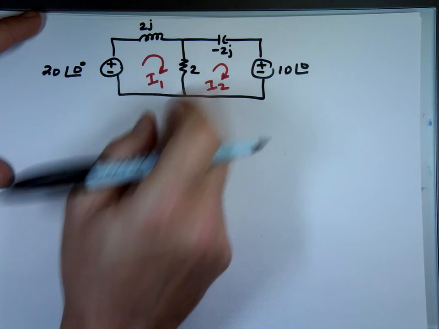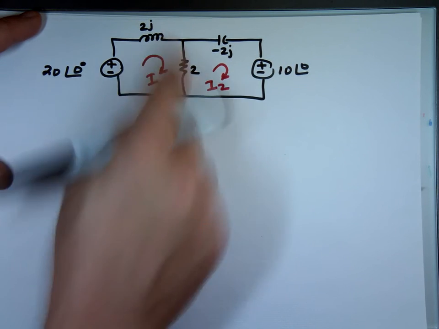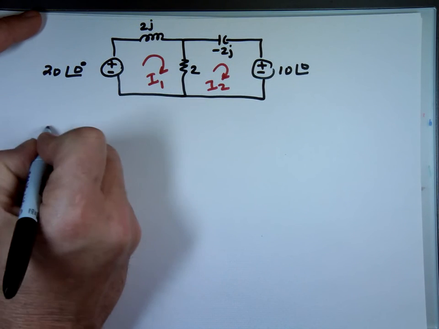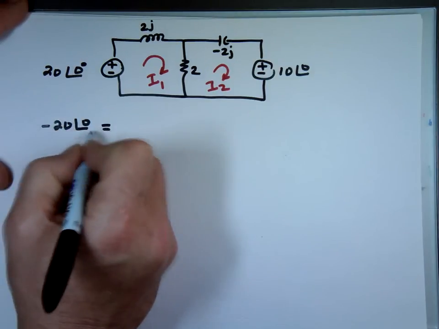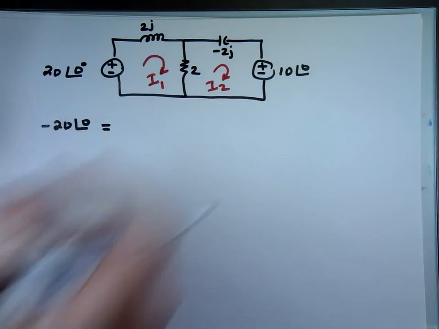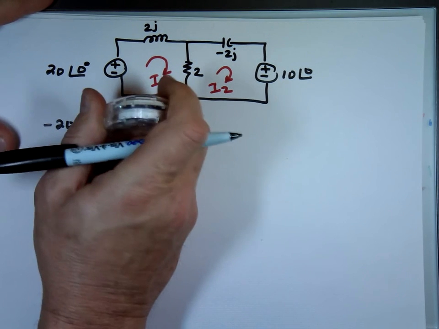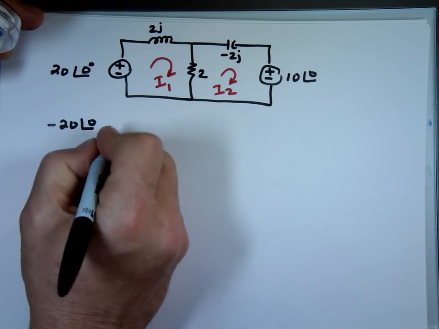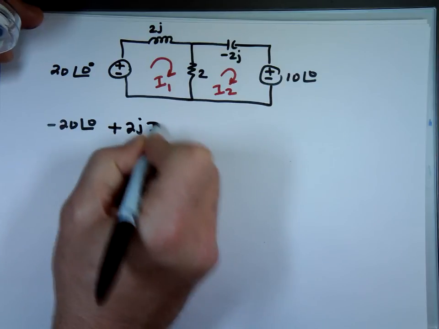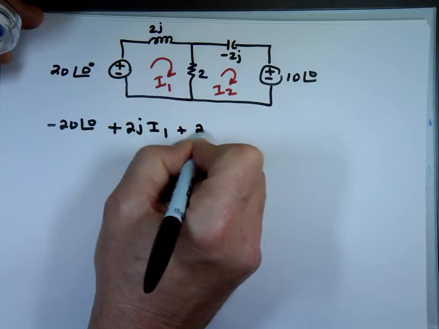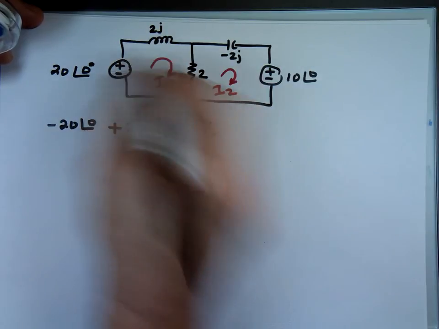Mesh analysis, right there. Negative 20 angle 0, or rather plus 20 angle 0, plus (2j) times I sub 1 plus 2 times, what's the current coming down? Is it I1 minus I sub 2?